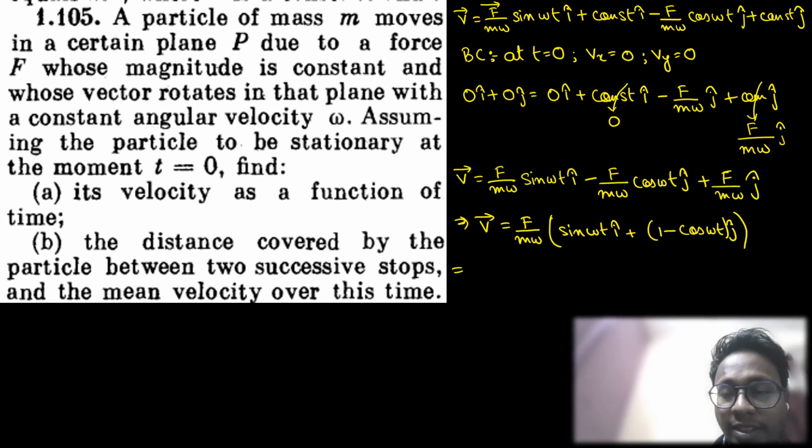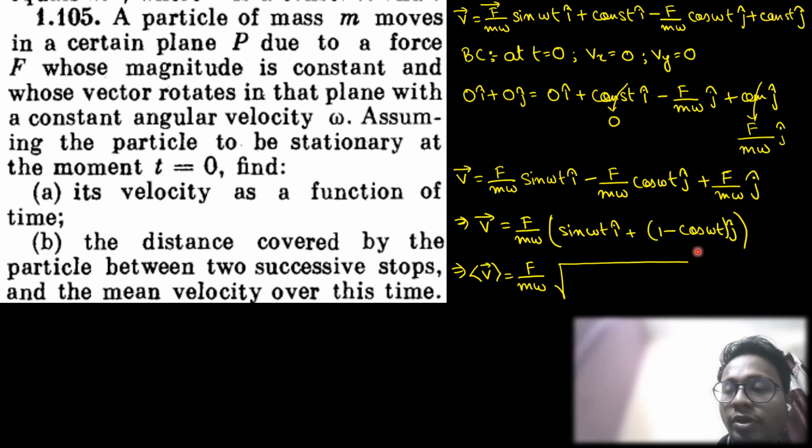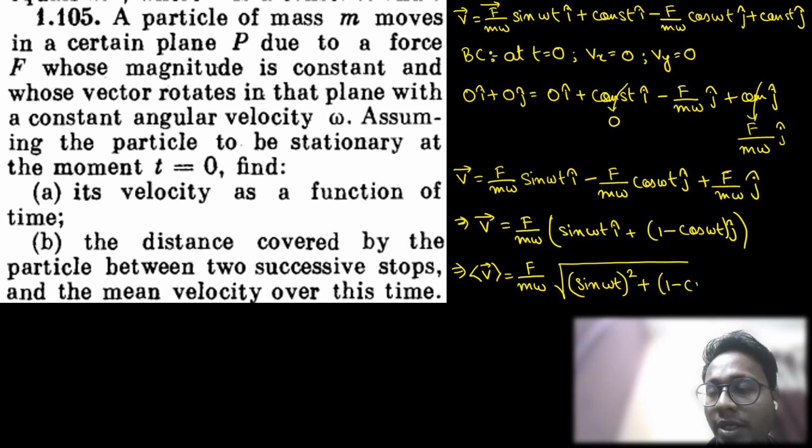Now your answer is given in terms of the magnitude of this vector. The magnitude is f by m omega; taking f by m omega common and outside the square root, it stays f by m omega. Under root of the x component of velocity squared plus the y component of velocity squared: (sin omega t) whole square plus (1 minus cos omega t) whole square.